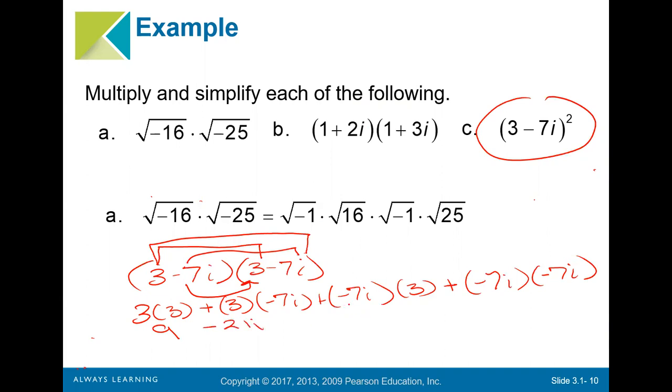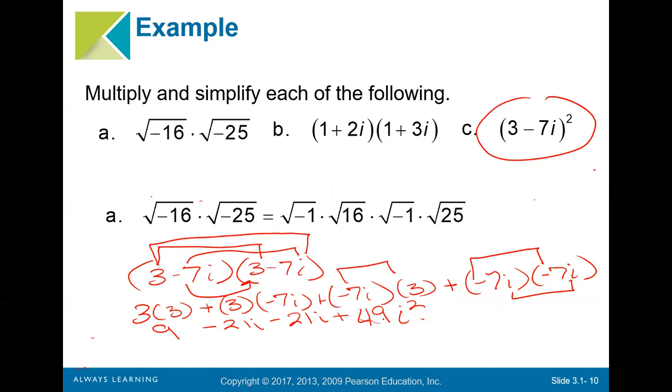I have -7i times 3 gives me a -21i. And now I got negative times negative, which is positive. 7 times 7 is 49, and then i times i is i squared.